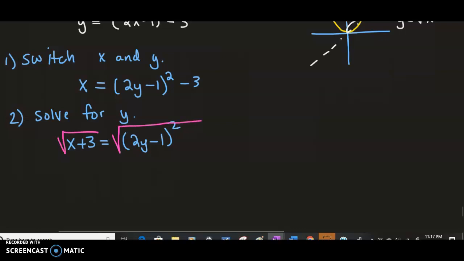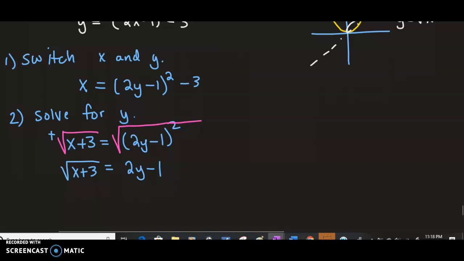And we only take the positive square root. We don't care about the negative square root, for the same reasons that we don't take the bottom half of the square root up there. So we get 2y minus 1 is the square root of x plus 3.